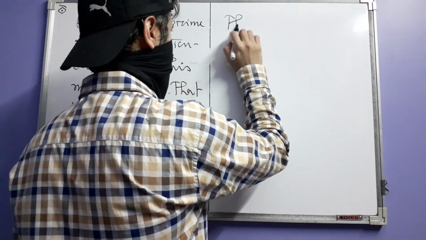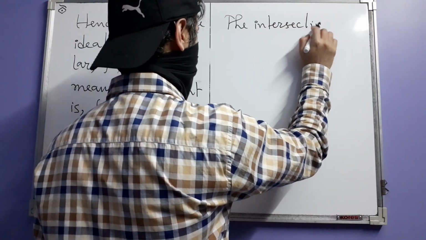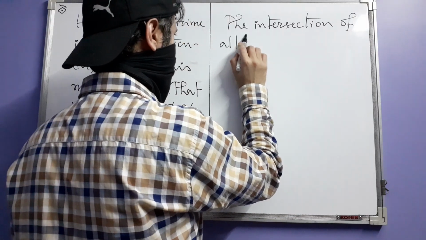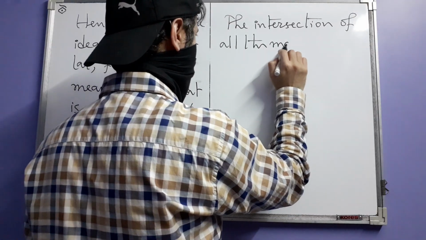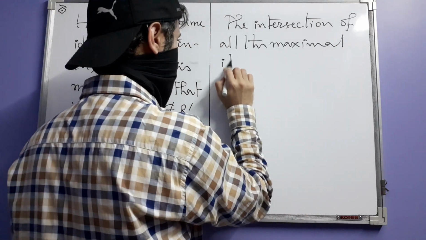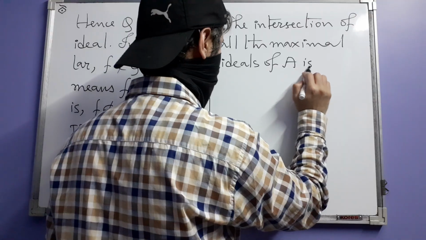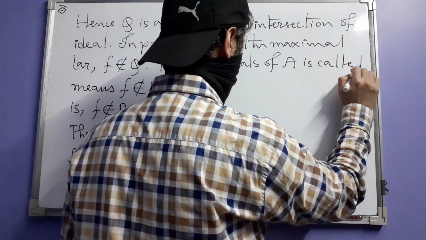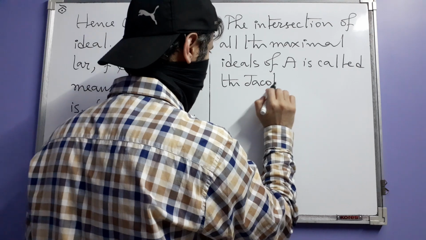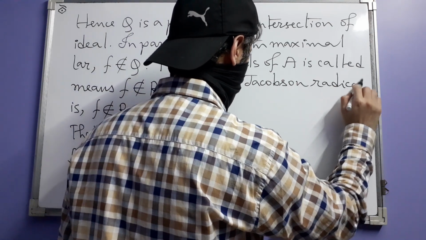The intersection of all the maximal ideals of A is called the Jacobson radical of A.